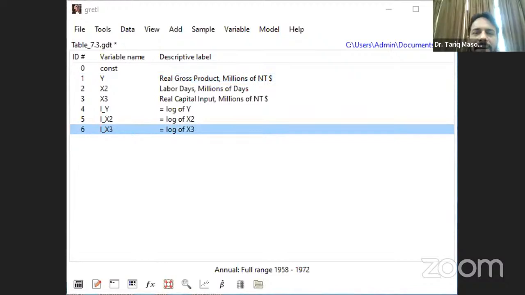There is some technical problem in my laptop, but let me be very clear that it is a very good software, and once you select all these options, dependent and independent variables, you will get the final result in a very systematic framework.